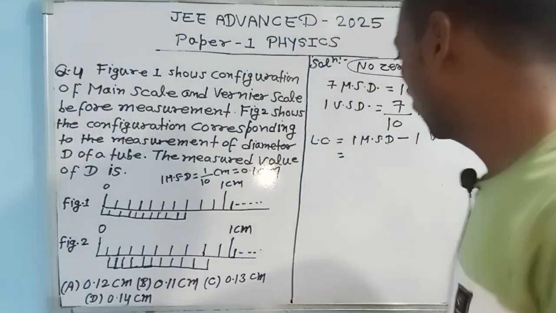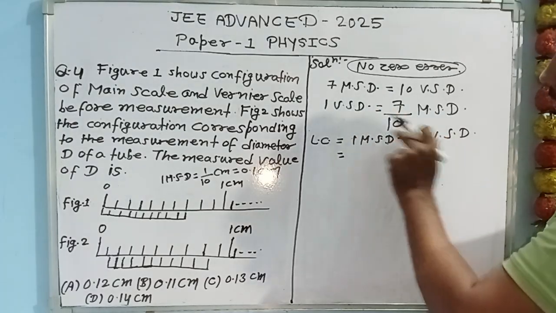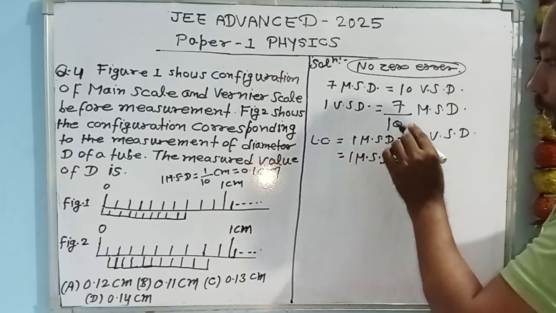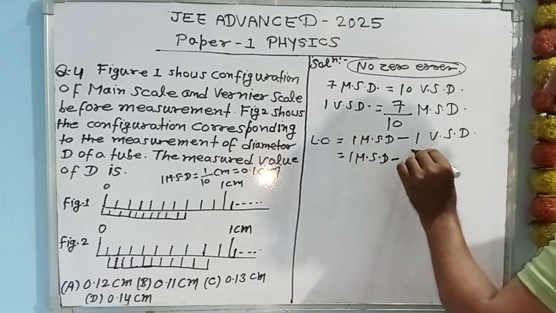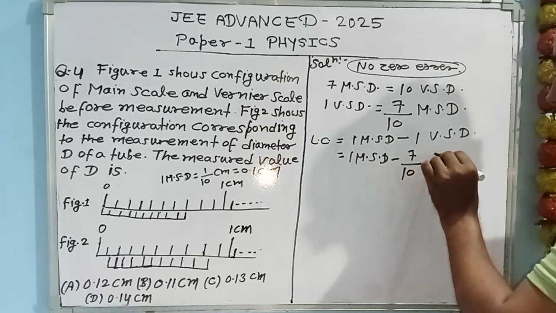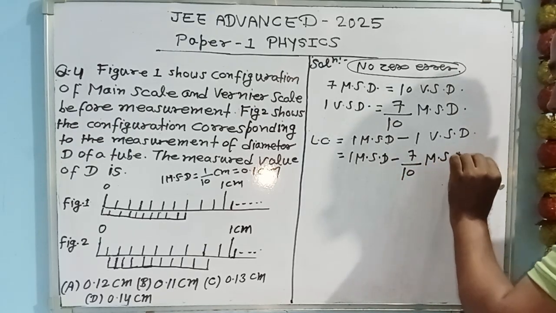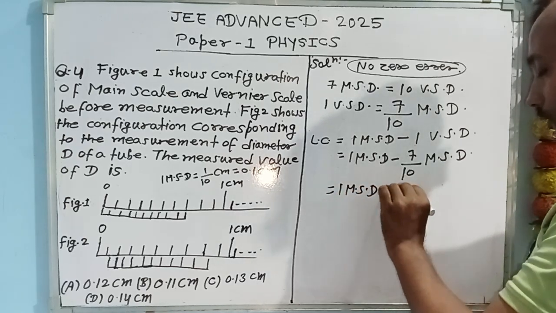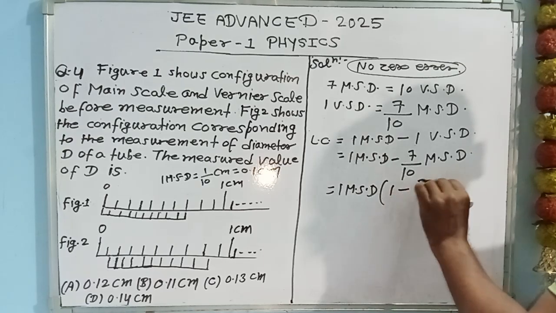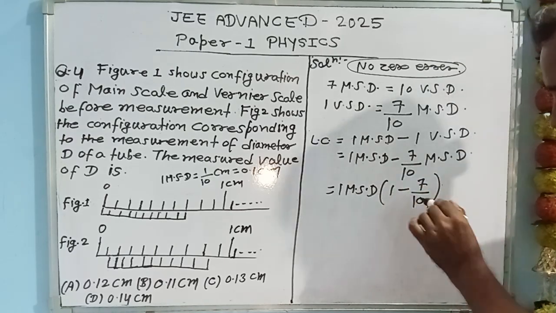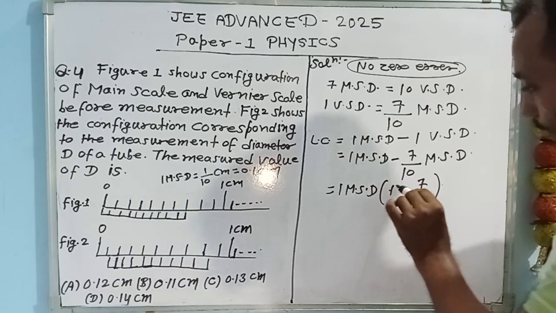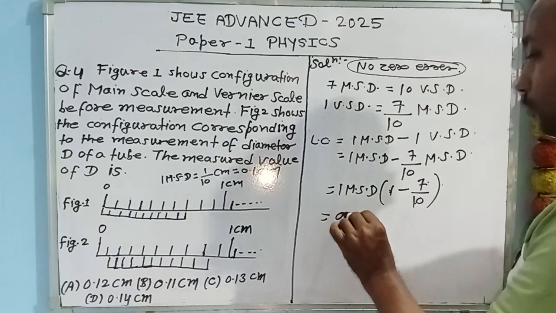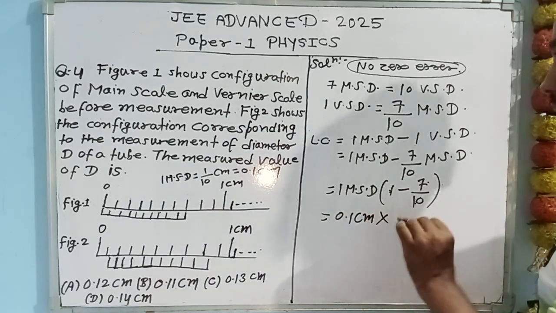Now put the value of 1 vernier scale division, which is 7 by 10 main scale division. 1 main scale division will be common, and in the bracket 1 minus 7 by 10, that is 10 minus 7 by 10, which is 3 by 10, and 1 main scale division is equal to 0.1 centimeter.